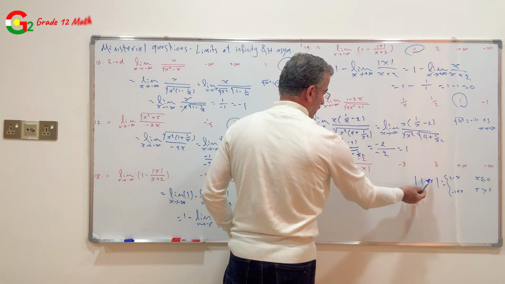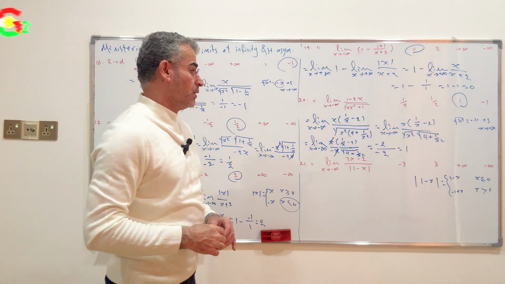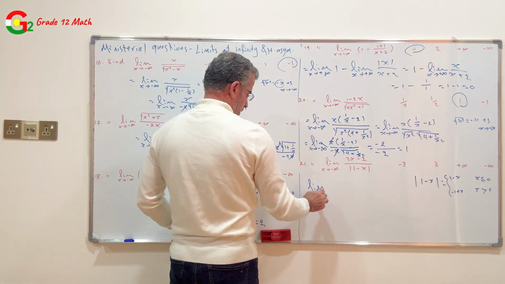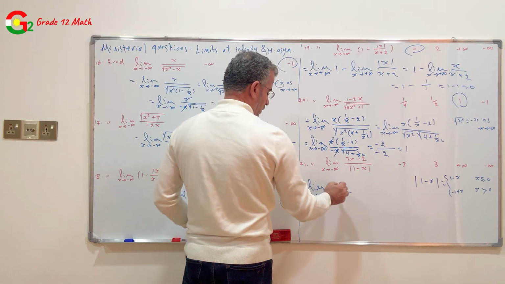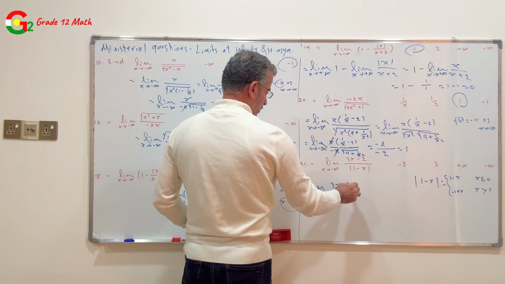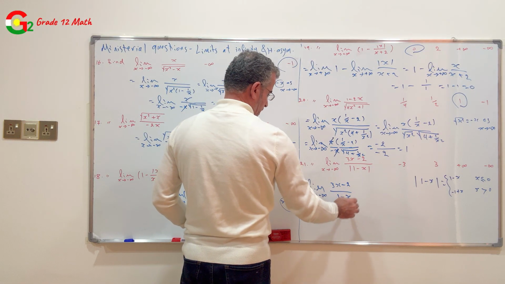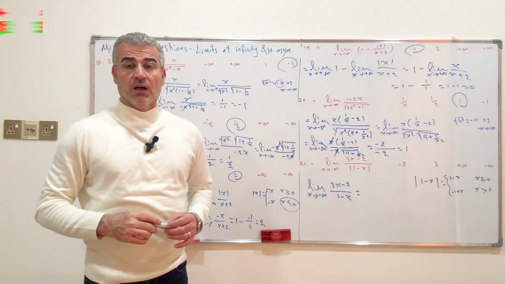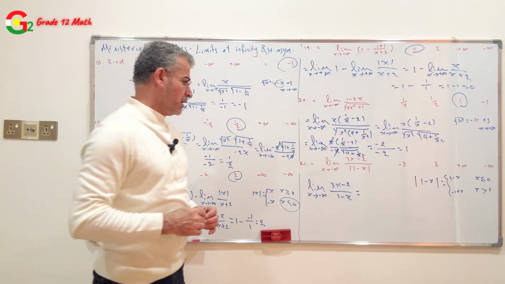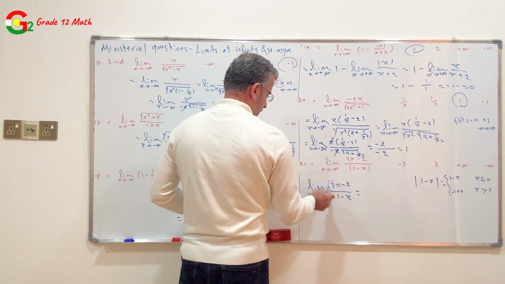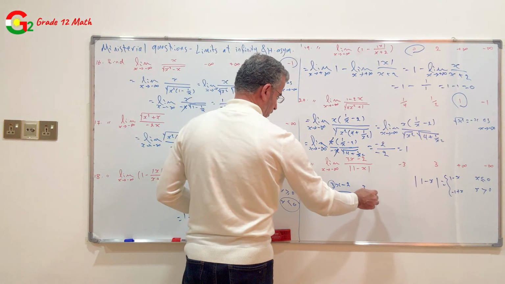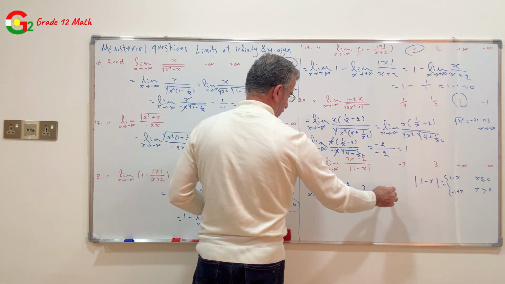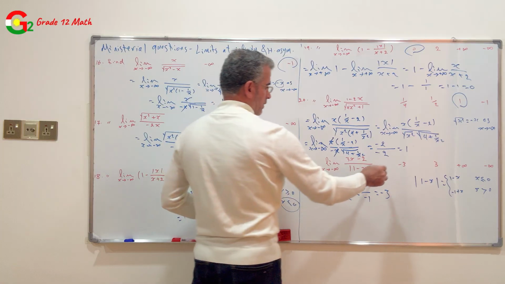Therefore, the absolute value of 1 minus x equals 1 minus x. And the limit as x approaches negative infinity of 3x minus 2 over 1 minus x equals, since the numerator and denominator have the same degree, the coefficient of the leading term in the numerator over the coefficient of the leading term in the denominator, which equals negative 3.